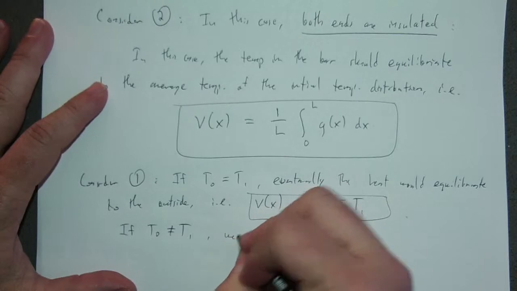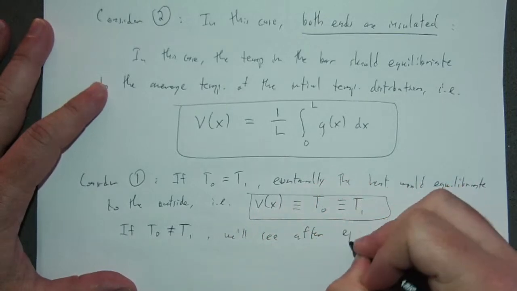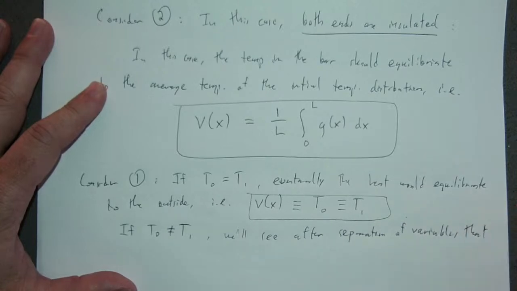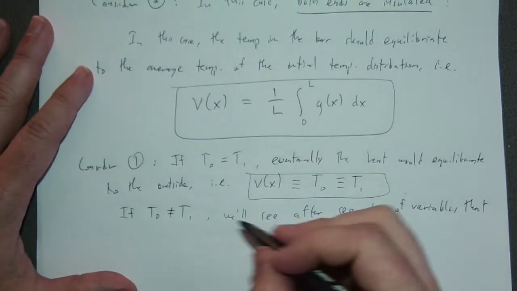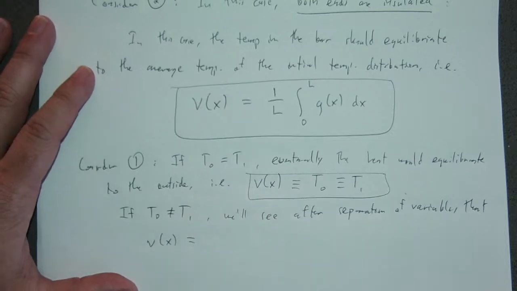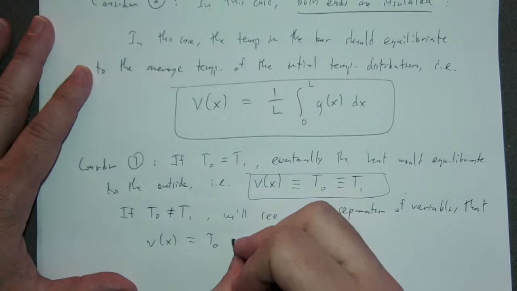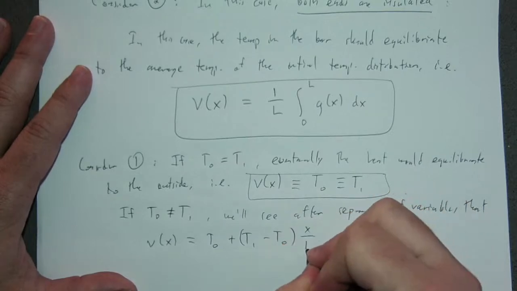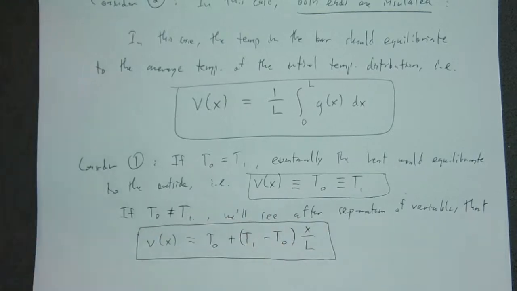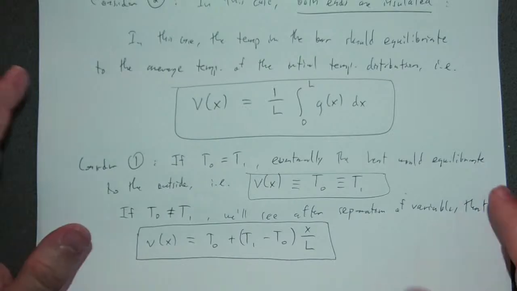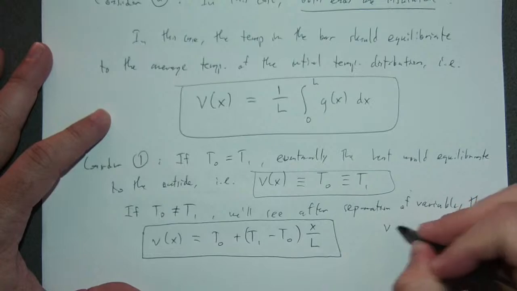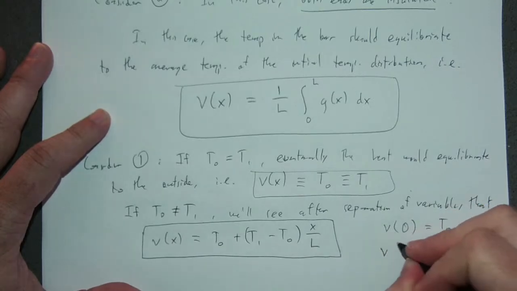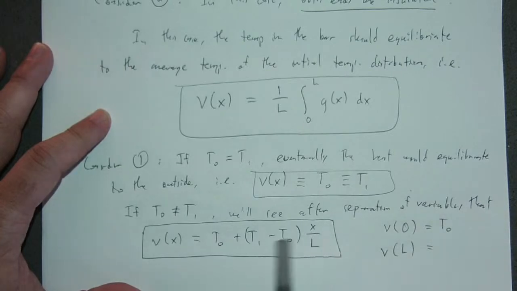We'll see after separation of variables that this v of x will be T0 plus T1 minus T0 times x over L. And I want to check something: this thing at 0 is T0, and this thing at L is T1.